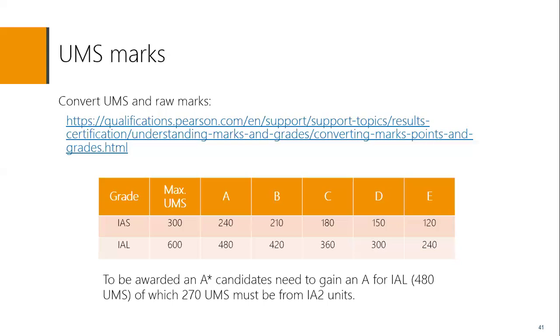The final grade for the qualification is determined by the aggregated UMS marks for all the units. And the link takes you to a calculator that allows you to convert raw marks into UMS, although these are different for each of the units.